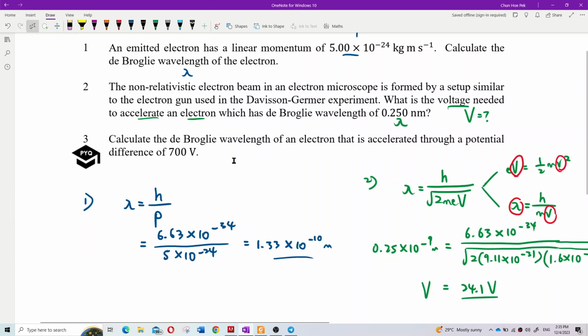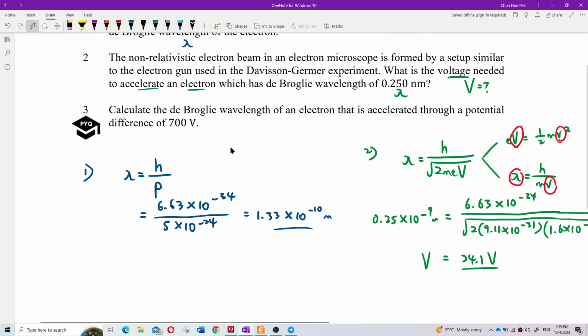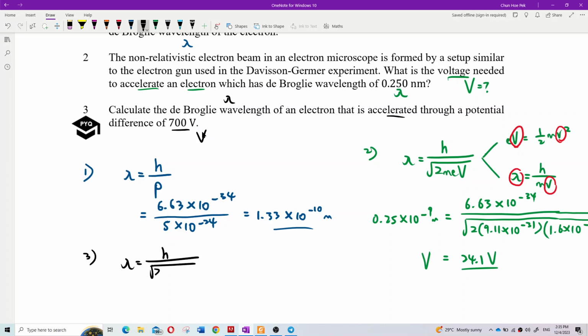Question 3. What is the de Broglie wavelength? So I want to find λ. The electron is accelerated through a potential difference of 700 volt. So for λ, just use the formula h over √(2meV). Again, you have to memorize this formula. It's not given.